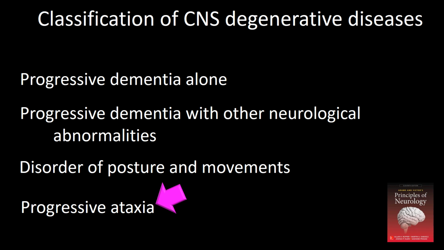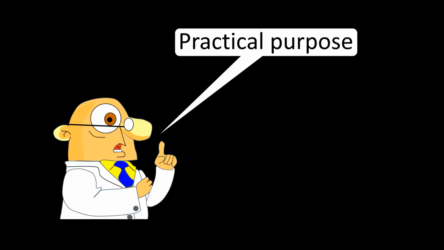And another way is to use the type of presentation followed by a number. The numbers go up to 45 in some of these modalities. From a practical perspective, I like to approach patients with progressive ataxia in whom I suspect progressive degenerative disease by considering the following points.